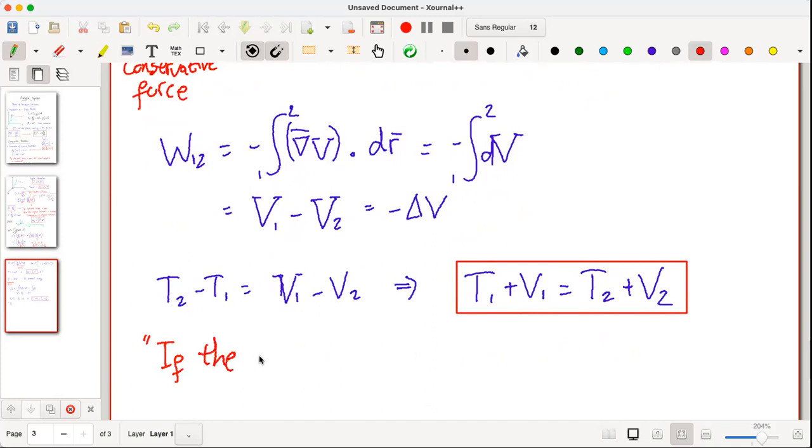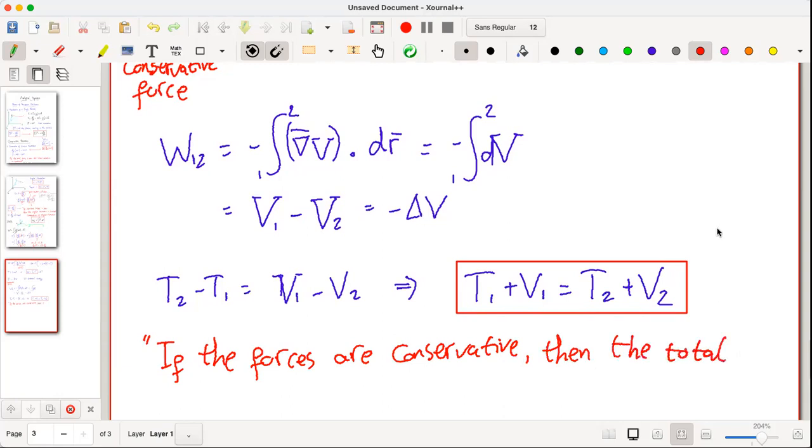If the forces are conservative, then the total energy, as you see, is the same, it doesn't change, the sum.